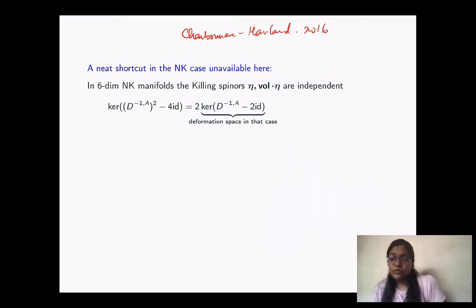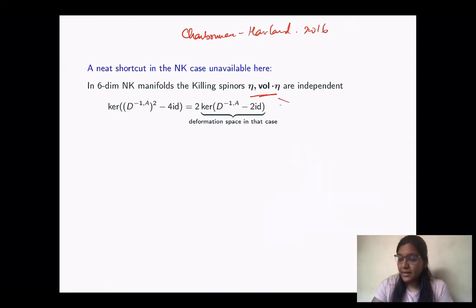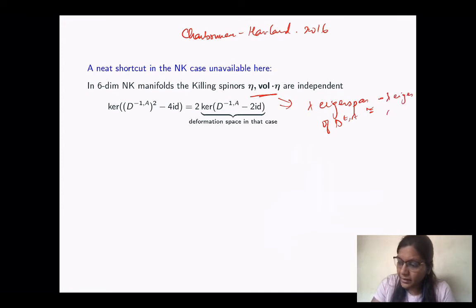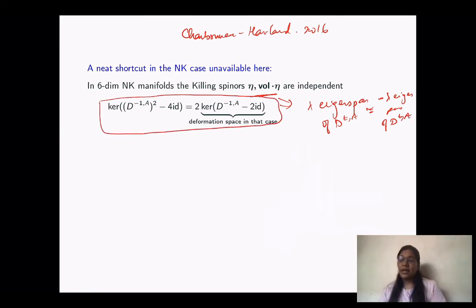But the good news for them was that in 6-dimensional nearly Kähler manifolds, we actually have 2 Killing spinors associated to a nearly Kähler 6 manifold, and this implies that the lambda eigenspace of d_TA is isomorphic to the minus lambda eigenspace of d_TA. So you can write the lambda square eigenspace of d square as 2 times the lambda eigenspace.